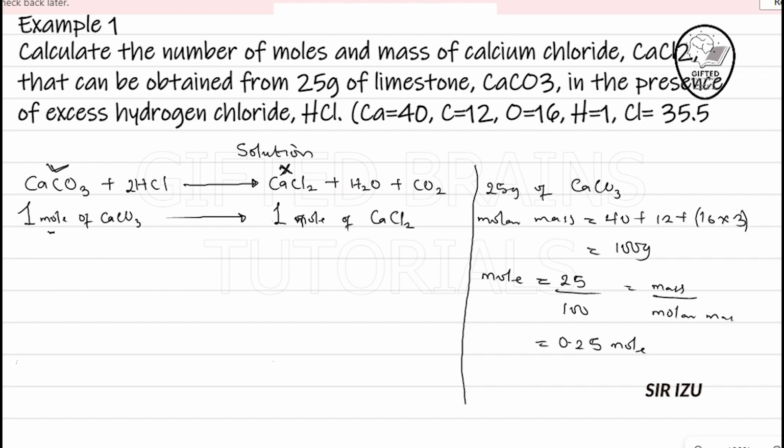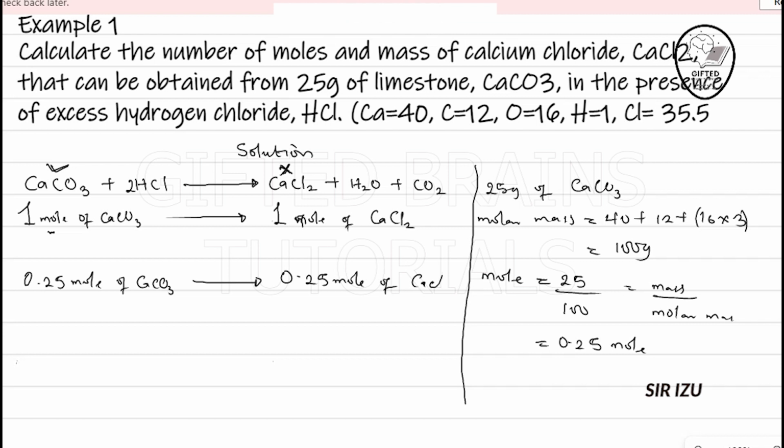So this is 0.25 mole of calcium carbonate. The question is, what's the mole of calcium chloride? Well, like we said earlier, if 1 mole of calcium carbonate, this is limestone, gave 1 mole of calcium chloride, obviously 0.25 mole of calcium carbonate will also give what? 0.25 mole of calcium chloride.